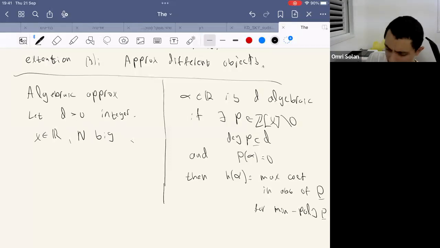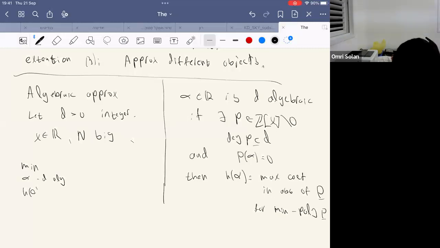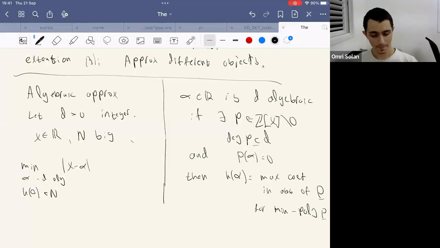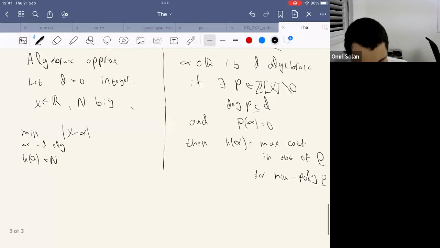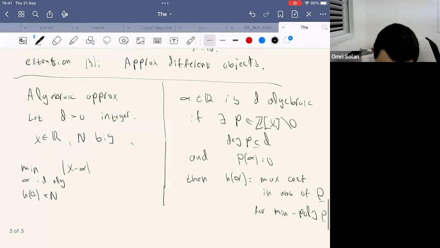And so now we can ask what is the minimum over alpha algebraic of degree d with height of alpha less than n of x minus alpha. That's a question we can ask.